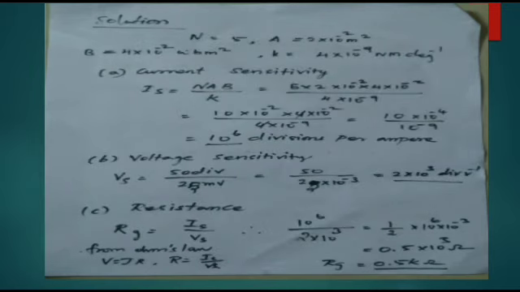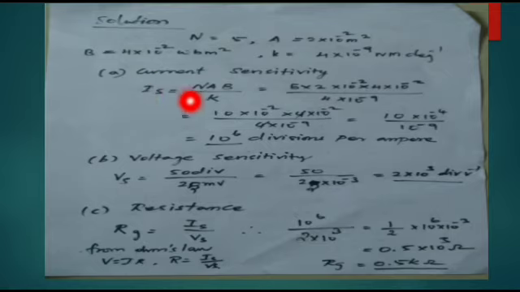See this solution. The number of turns is 5, the area is 2 into 10 power minus 2 meter square, the magnetic field is 4 into 10 power minus 2 Weber per meter square, and the torsional constant K is 4 into 10 power minus 9 Newton meter per unit deflection. First we find the current sensitivity.